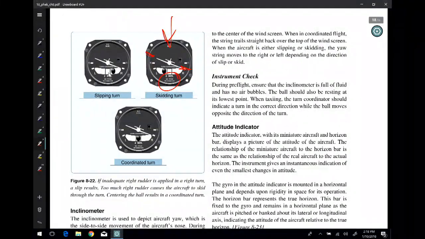So, in this case, what's happening is the aircraft is actually slipping down toward this bank, and we don't want that. So to fix it, you're going to step on the ball. If the ball is deflected off to the right, you're going to use right rudder to move that ball to the center. That right rudder brings the nose around. I'll use Joseph's airplane here.